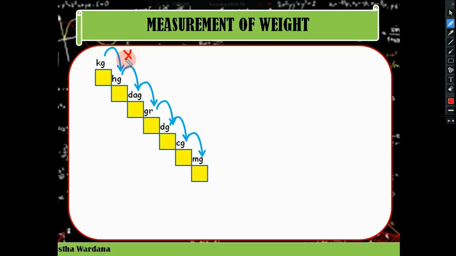So, if you move down from kilogram into hectogram, you multiply by 10. If you move down from hectogram to decagram, multiply by 10. Do the same thing for every one step moved down.